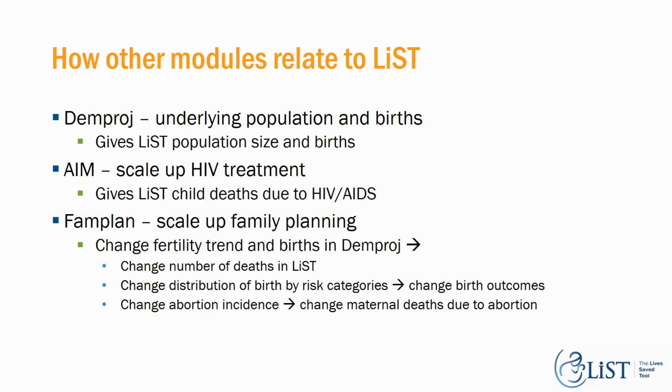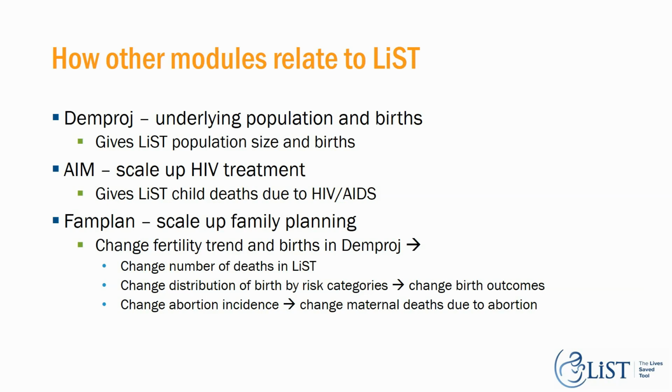FamPlan is useful if you want to look at scaling up family planning interventions. FamPlan will change the fertility trends and therefore the births in DemProj, which will in turn change the number of deaths in LiST. It'll also change the distribution of births by risk categories.